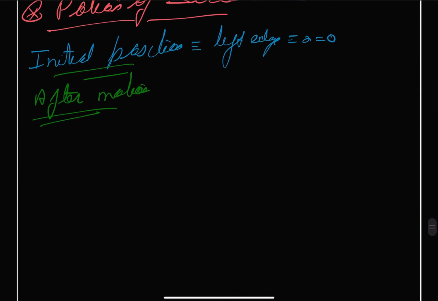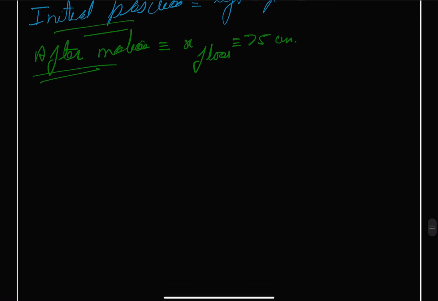After motion, our x with respect to floor is at a distance of 75, and our x with respect to the center of the roller is at a distance of 25 centimeter.